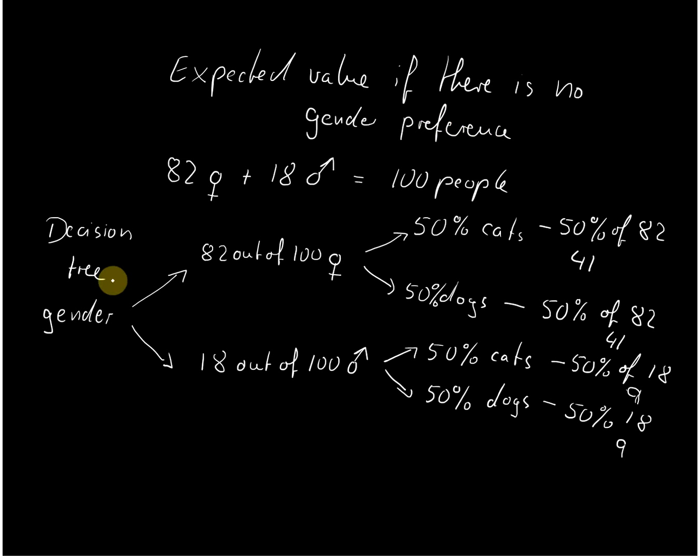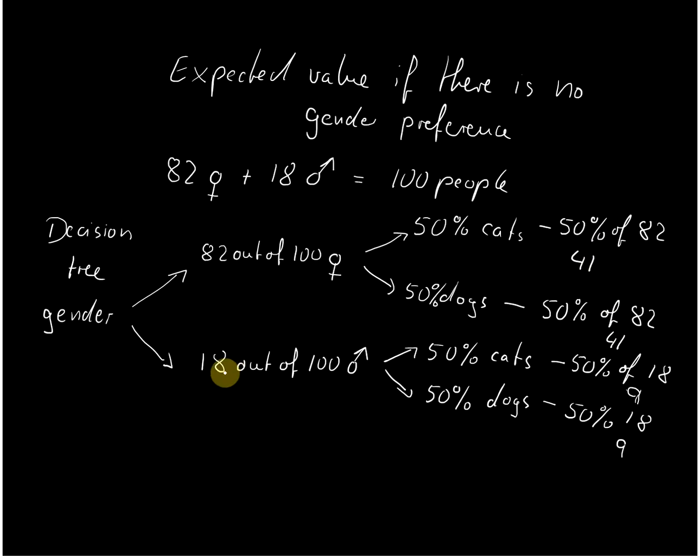Now in our decision tree here, we've got the gender, 82 out of 100 women, and if there was no gender preference, then they would like cats as well as dogs, so there would be 50% cats and 50% dogs. So out of these 82 women, 41 would prefer a cat and 41 would prefer a dog.